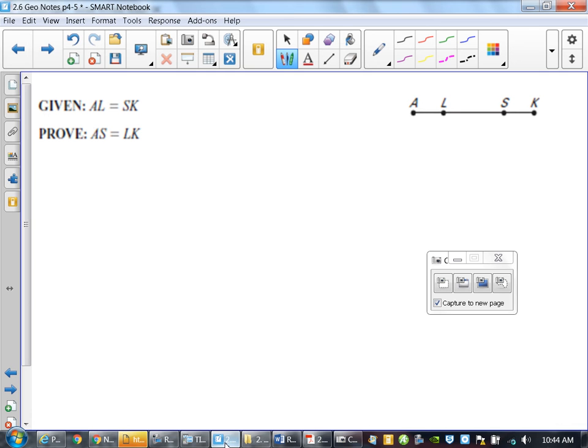It'll help you decide whether you're going to be doing some substitution, segment addition, angle addition, something along those lines. Now, looking at this problem, it tells me that AL is equal to SK, and then it wants me to prove that AS equals LK.